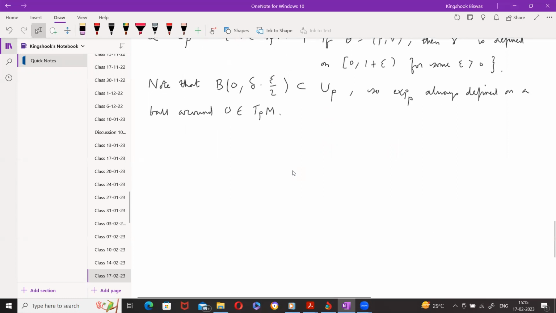Now, suppose I take a tangent vector v. Okay. So let theta be the element p comma v in the tangent bundle. Okay. And so gamma theta is the corresponding geodesic. Right.